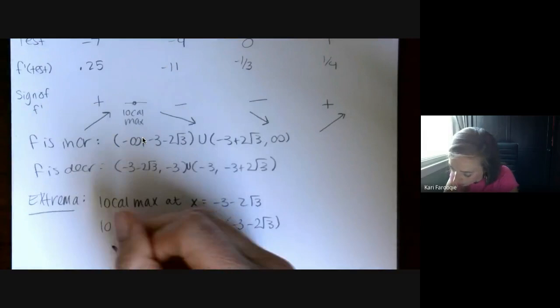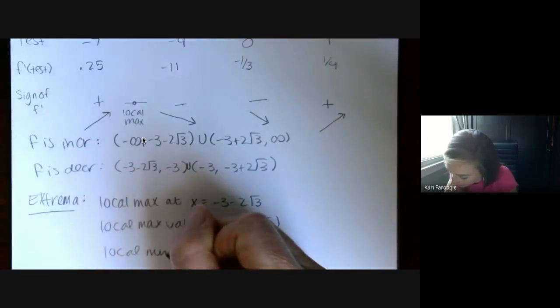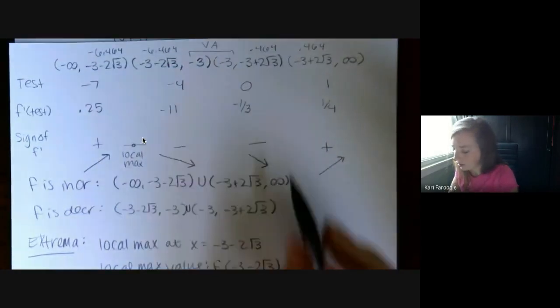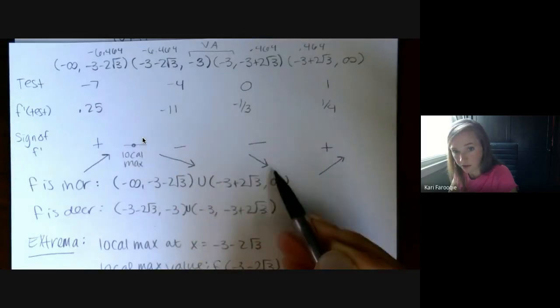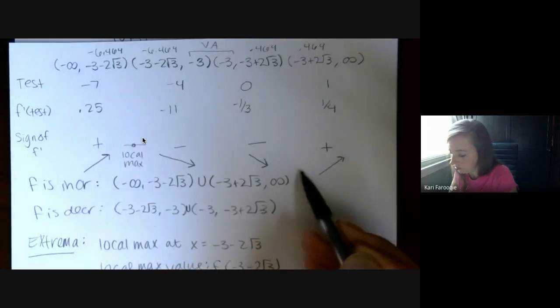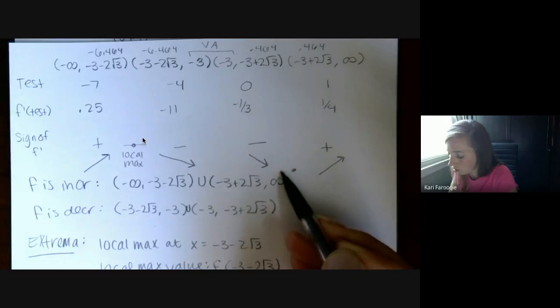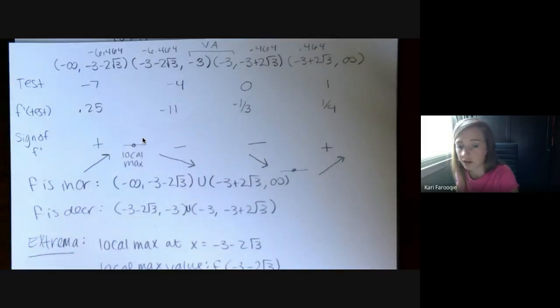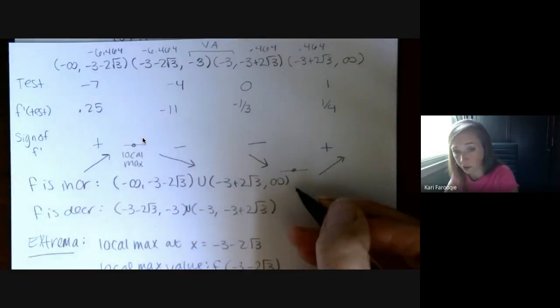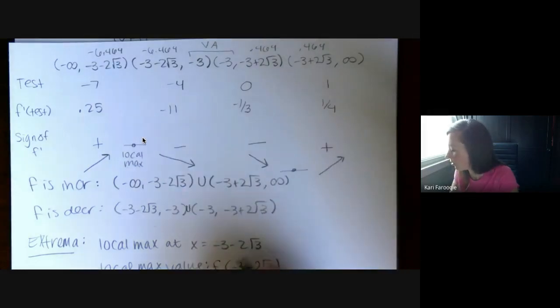Then you'll have a local min. Notice that you are decreasing on this interval, and then you start to increase. So at the critical number, you hit this point where you have a horizontal tangent line that will represent your local minimum there at the bottom, and it starts to go up again.